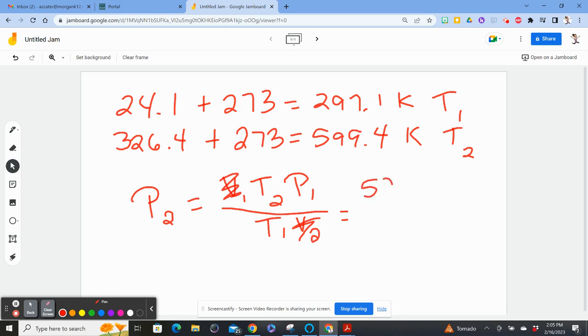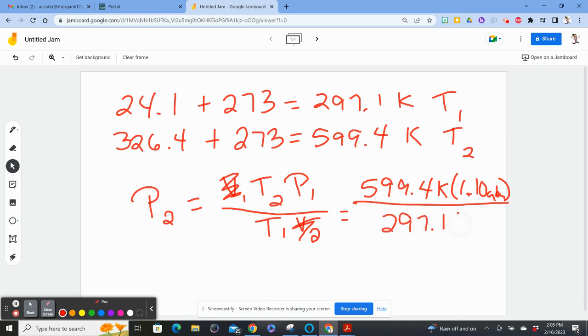So this is going to be 599.4 Kelvin times 1.10 atmospheres divided by 297.1 Kelvin. My Kelvin temperatures cancel out, and then I just do the math: 599.4 times 1.10 divided by 297.1. That gives me 2.2 atmospheres. And that's it. That's all we're going to do.